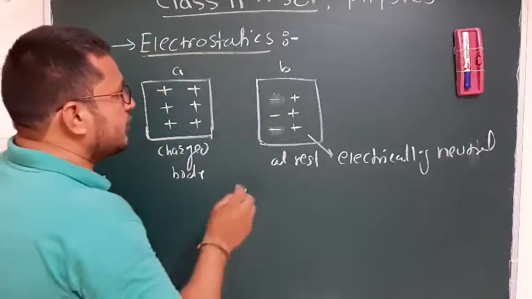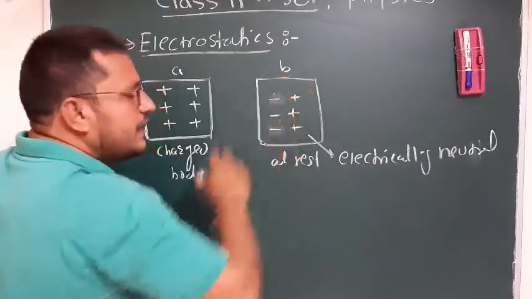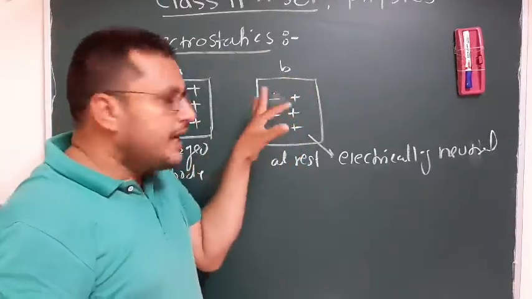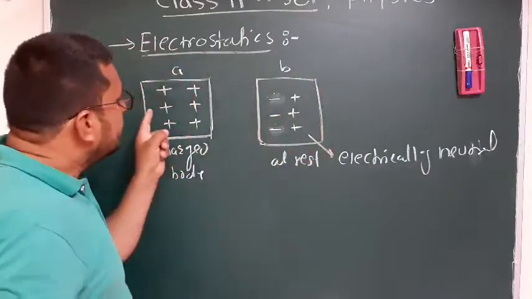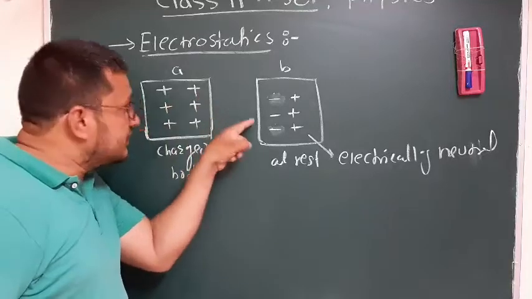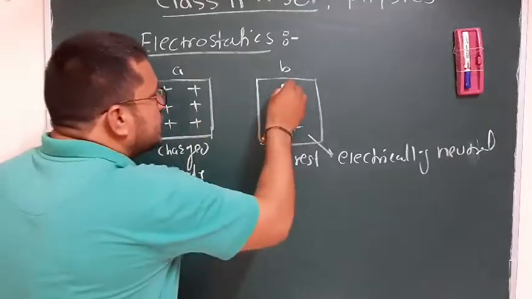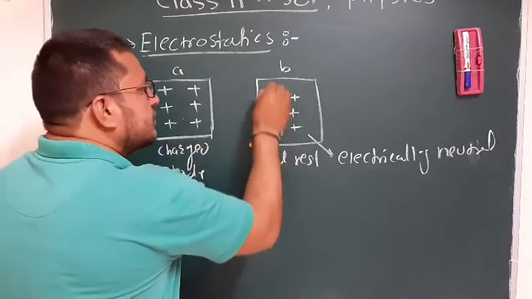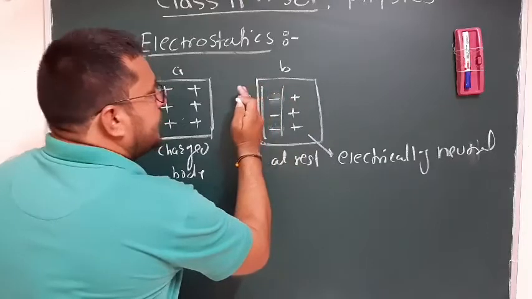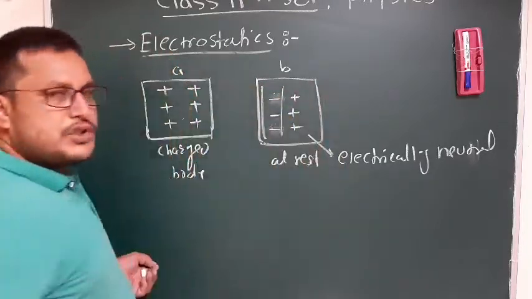Before applying the charge, the positive and negative charges were distributed over the whole surface of the body, but after moving the charged body toward the electrically neutral body, the opposite charges, negative, get separated and the positive move away from the positive charge.